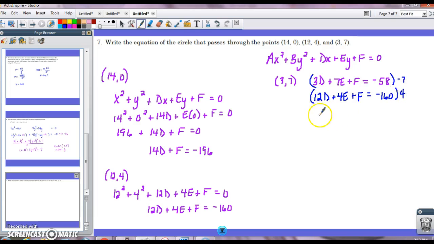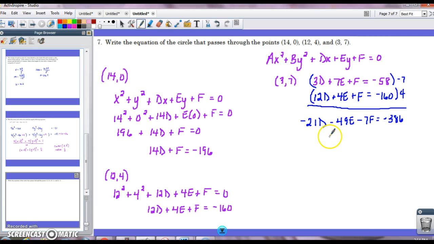That leaves me with negative 21d minus 49e minus 7f is equal to negative 386. Hopefully that's right.